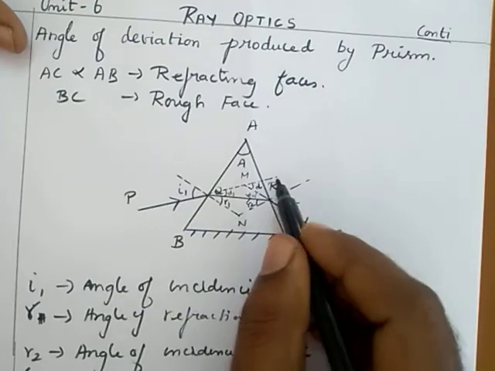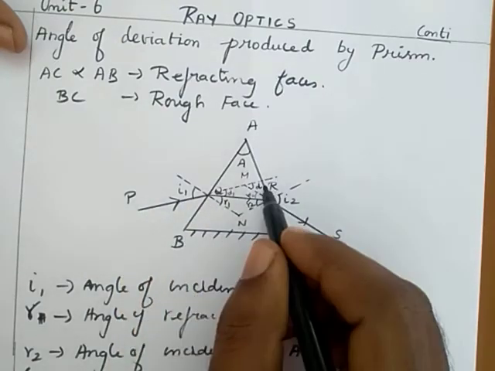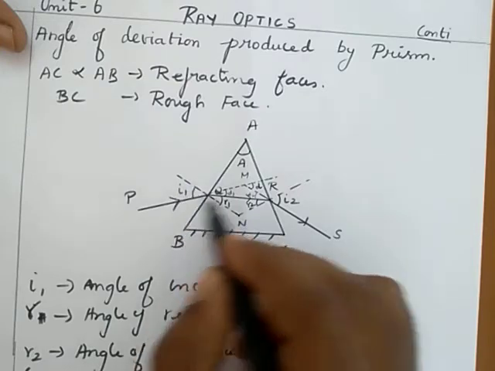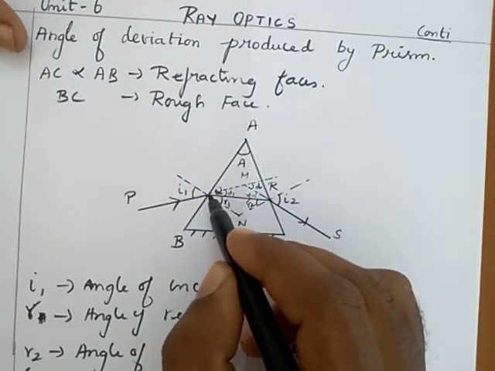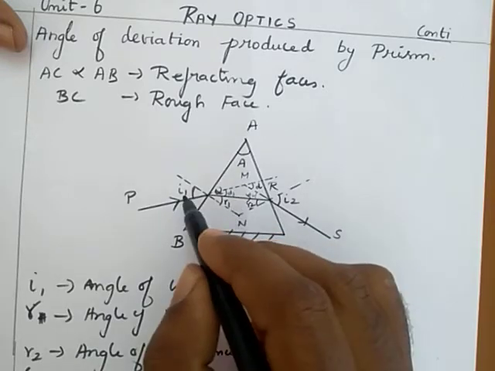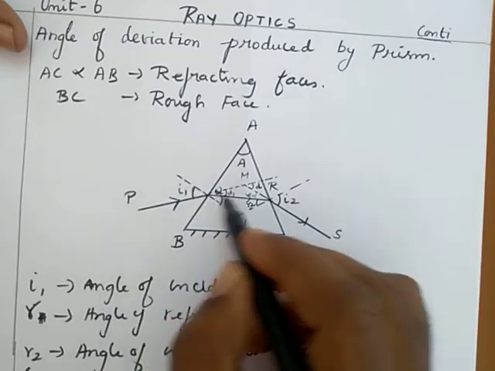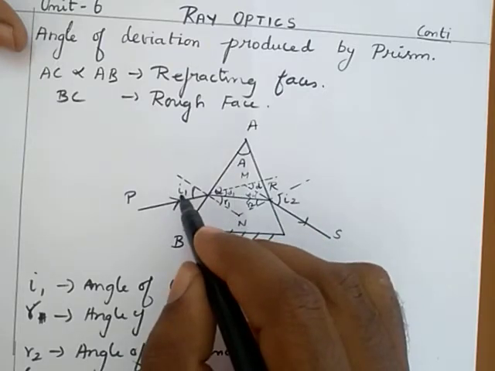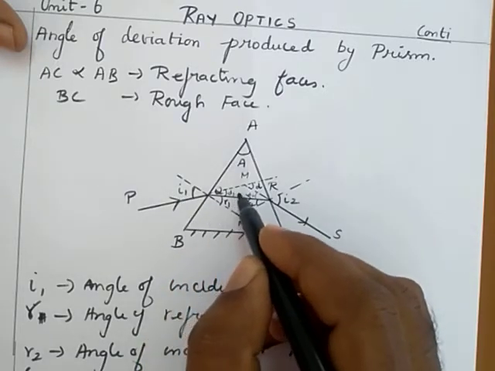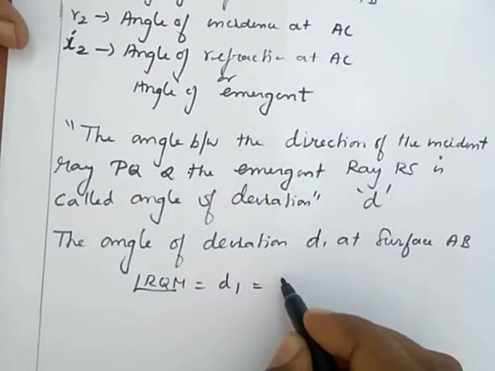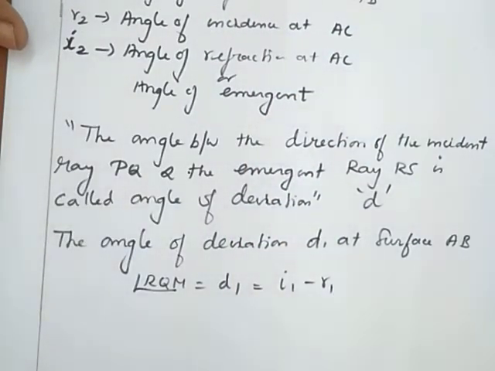Here these two lines cross at a point, so this angle is equal to this angle. Vertical opposite angles are equal. So this is I1. So we can write D1 as I1 minus R1.